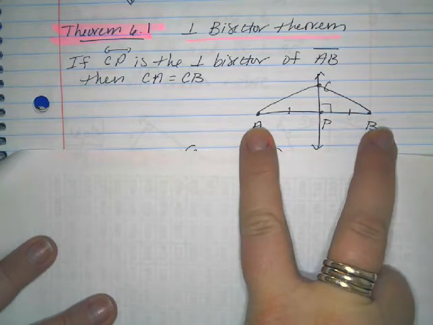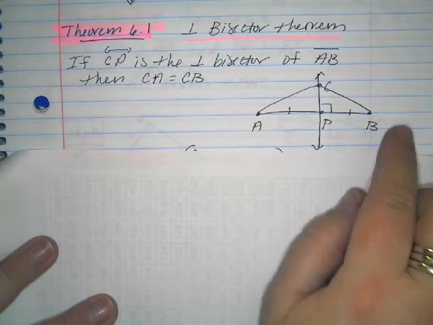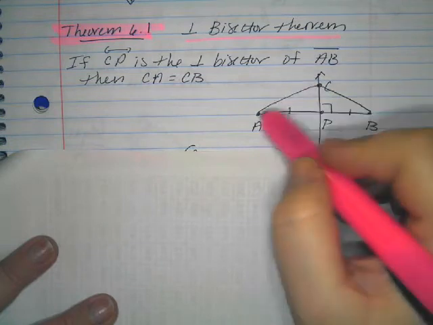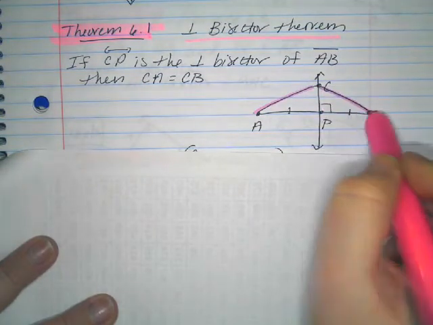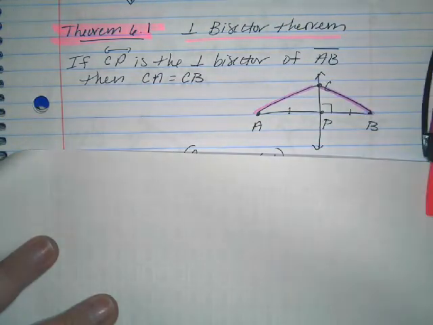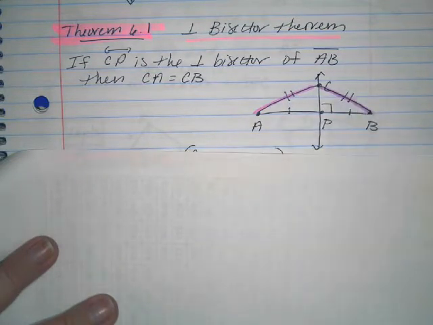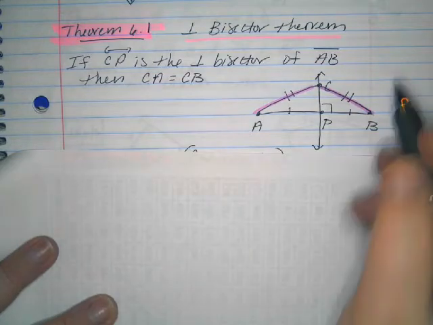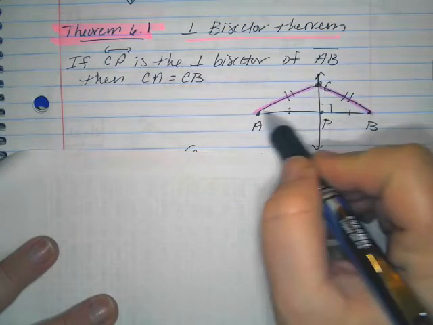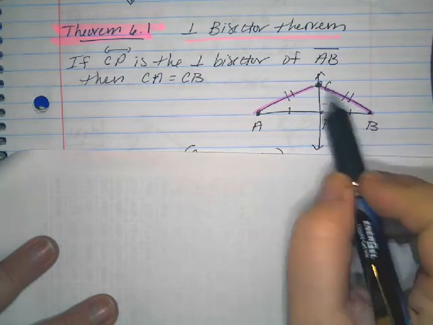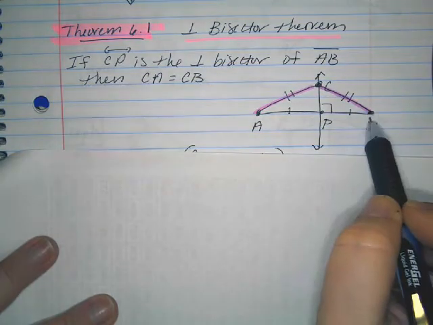If that's true, then we can also say that CA is the same as CB. If I know this is a perpendicular bisector, it lets me make other assumptions. I know those are the same because C is equidistant from endpoint A, and also equidistant from endpoint B.